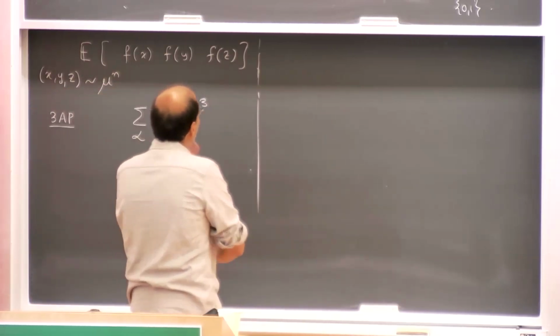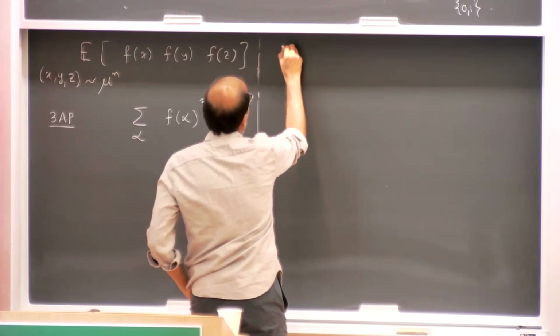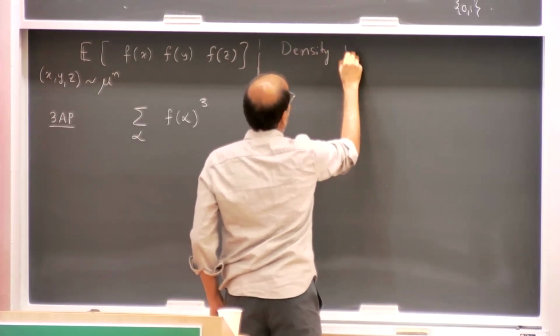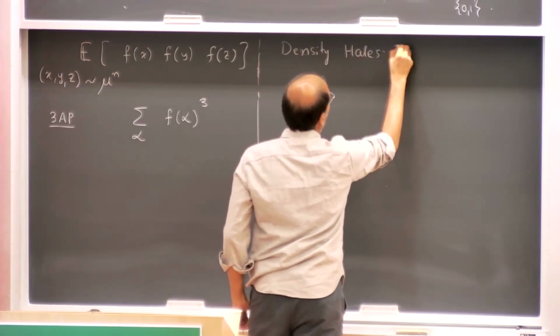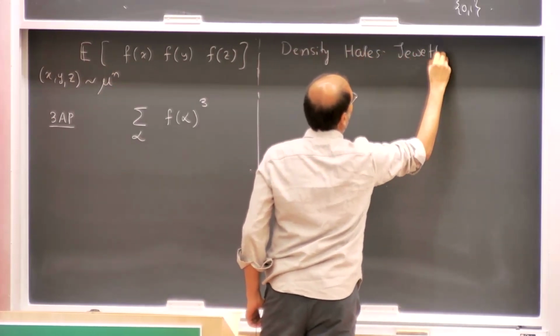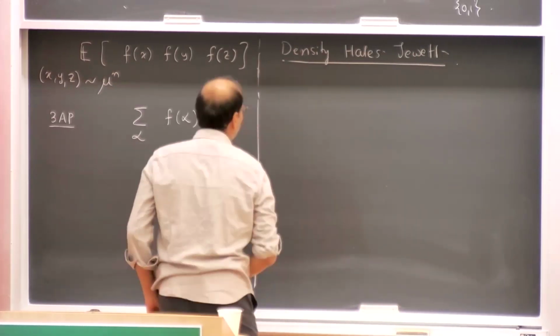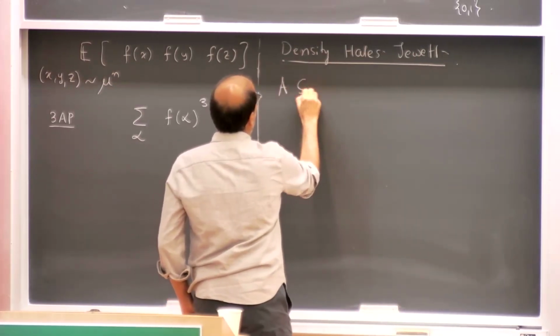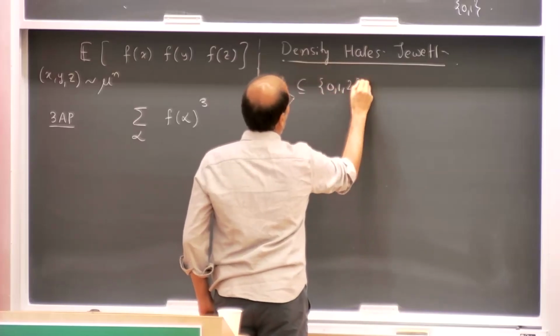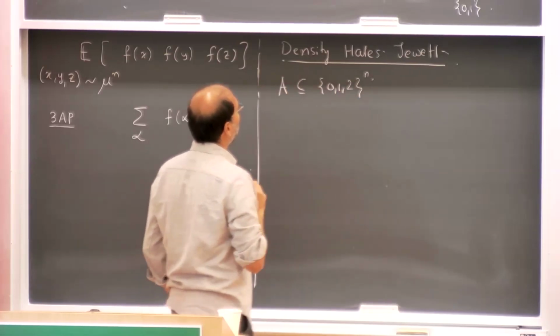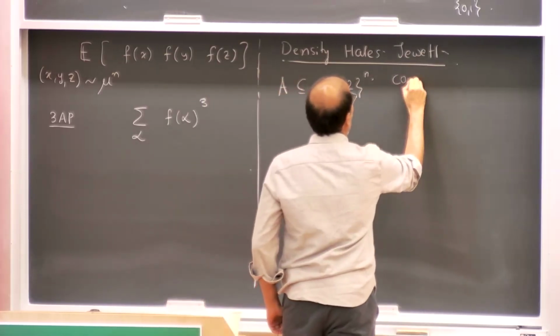In any case, the next application is to what's referred to as the density Hales-Jewett theorem. So again, it's a similar problem. You have a subset of {0, 1, 2} to the n, and you want it to be free of what's referred to as a combinatorial line.